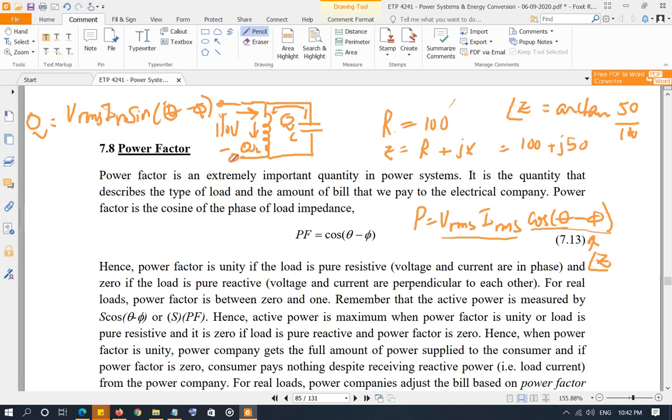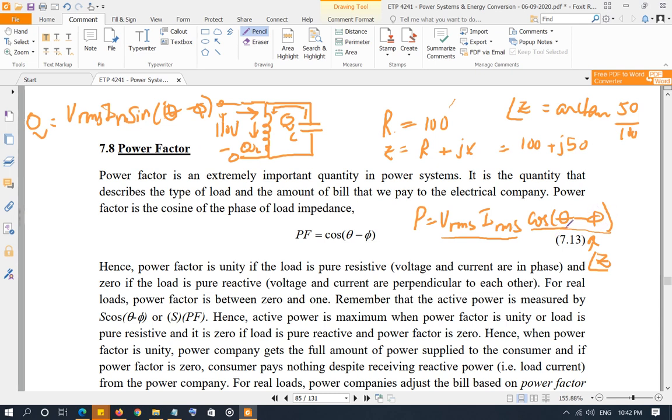So the total reactive power that will be supplied by the source will be QL plus QC. QL is positive, QC is negative. So the total is going to be smaller because some of the power that was required by the motor is now supplied by the capacitor, and that will change the power factor. That's called power factor correction.